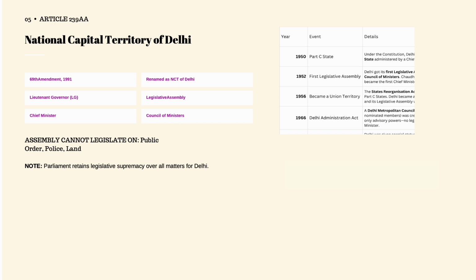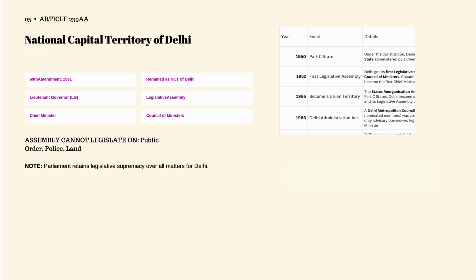Now, in 1966, under the Delhi Administration Act, a Delhi Metropolitan Council was created, which was later abolished. And in the year 1991, the 69th Amendment officially created the Legislative Assembly of Delhi, which came into effect in 1993.